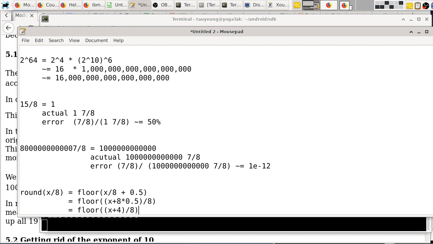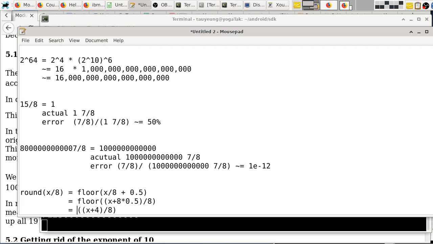Can we do all of this using just integer math? Including the floor? Wait, we are taking the floor of an integer division. So that means the floor is not even needed, because once we change that slash into integer division, the floor is automatically applied. Is that okay?